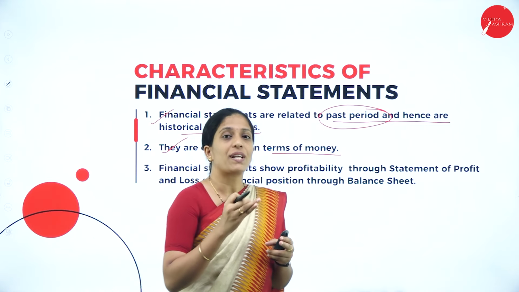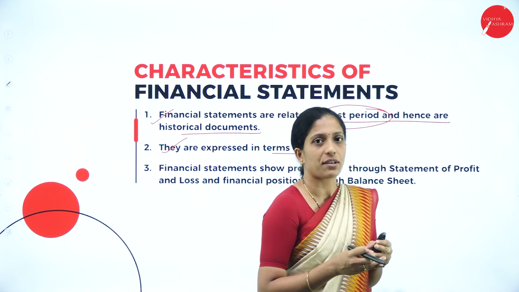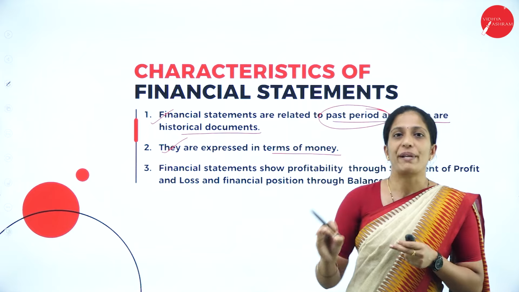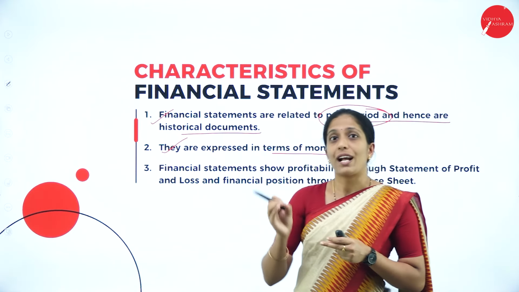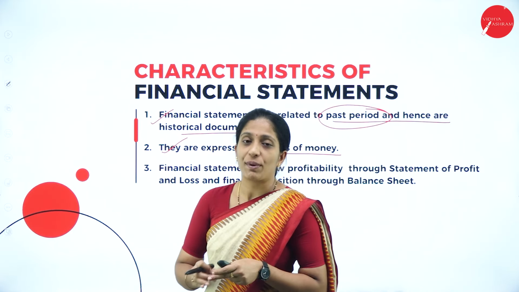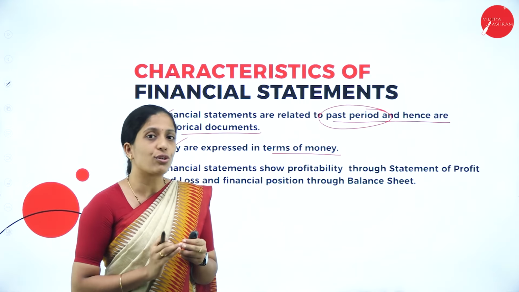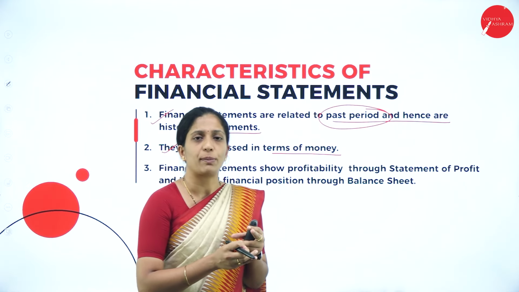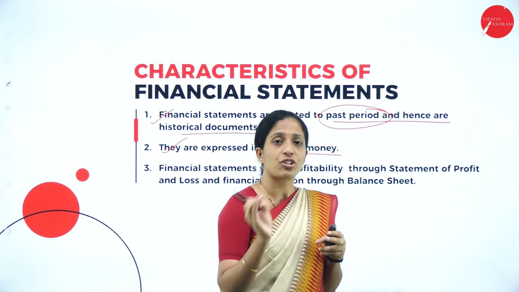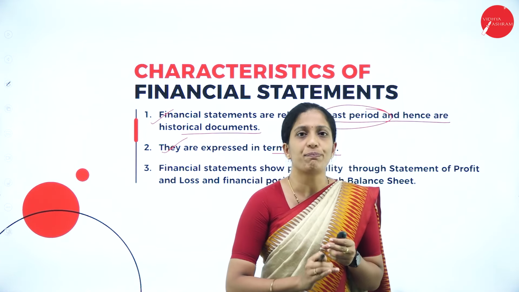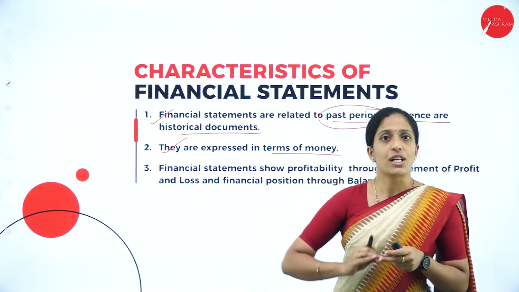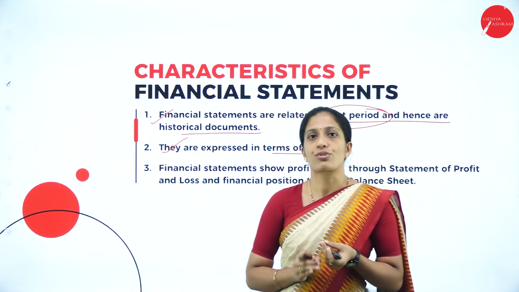Even though, we are not going to record those transactions only because they are not measured in terms of money. So that would be a limitation of financial statements, because there are a number of other transactions which are very important in the organization, but still we are not going to record them in the books of account.